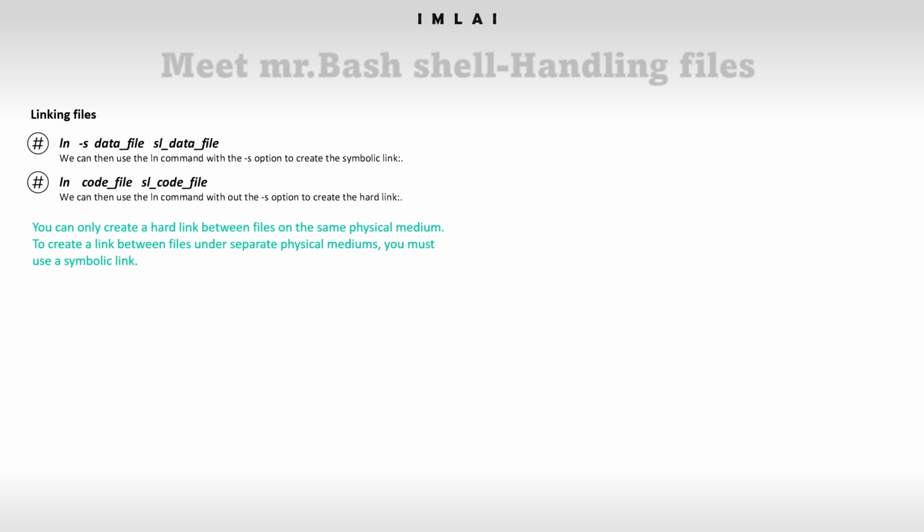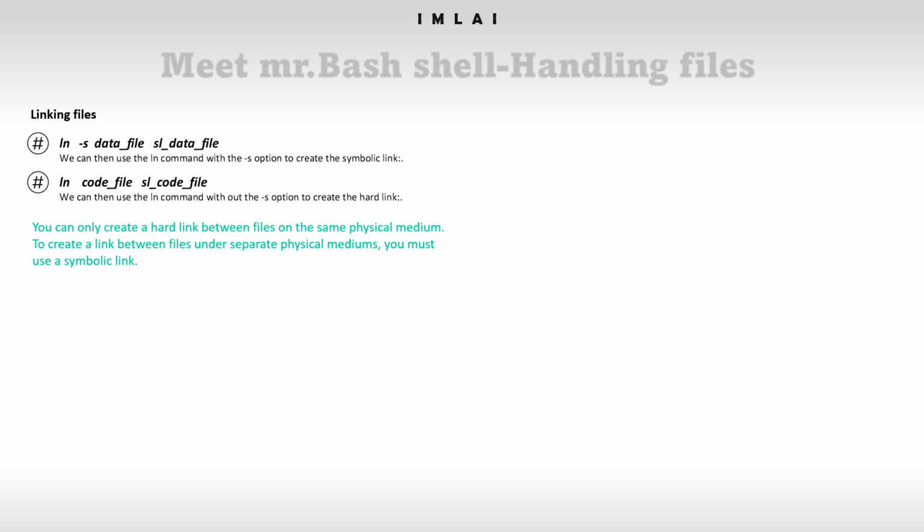To create a hard link, again the original file must pre-exist, except that this time no parameter is needed on the ln command, that link command. The most important point to note is that you can only create a hard link between files on the same physical medium. To create a link between files under separate physical mediums, you must use a symbolic link.